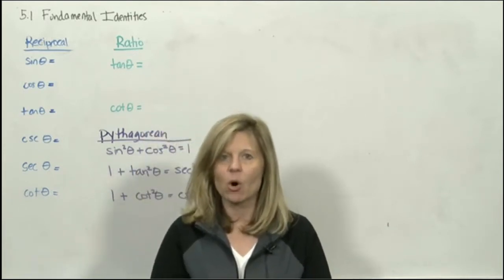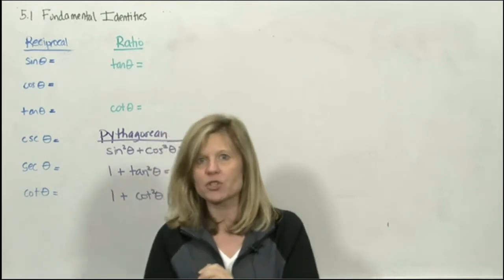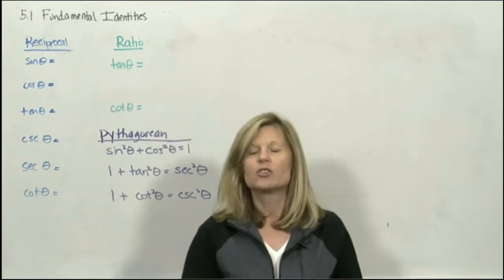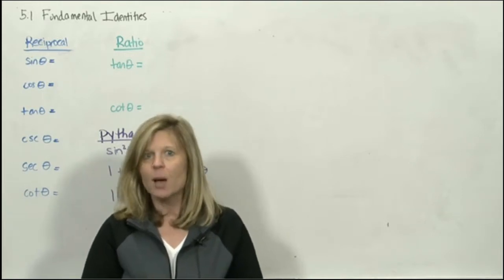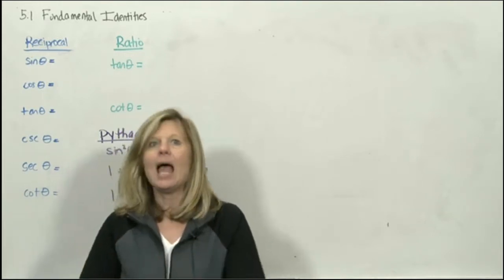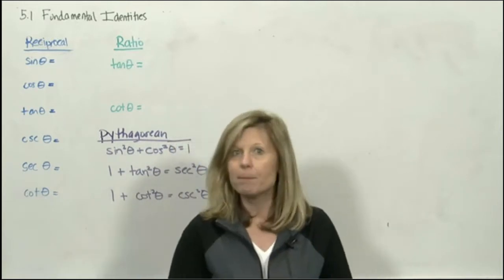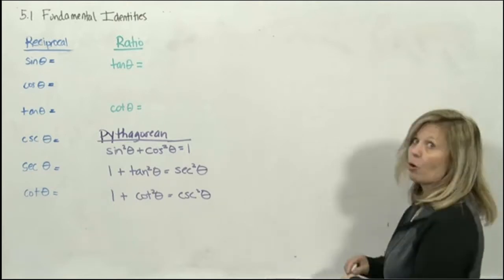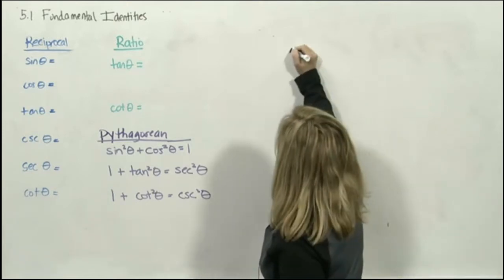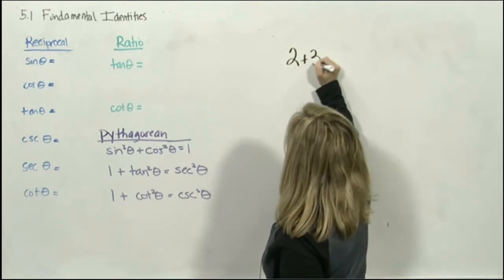Chapter 5 is called identities, and chapter 6 is called equations. So the first thing we need to do is to make sure we understand the difference between what an identity is and what an equation is. Now, they both look alike. For example, in first grade, this is an equation.